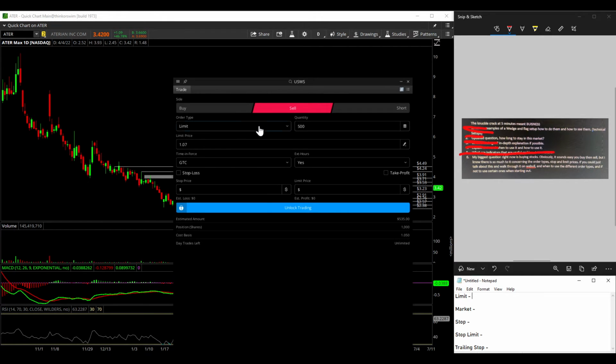So first we have a limit order. What a limit order is, it allows you to buy or sell at a price of your choosing, or better. So let's say that you want to place a limit sell.